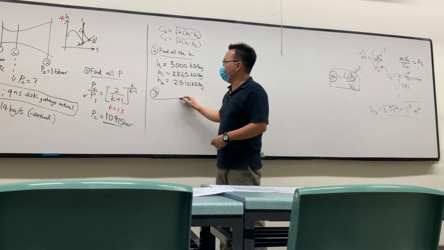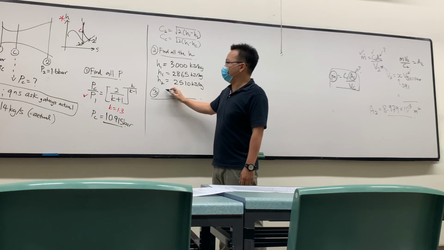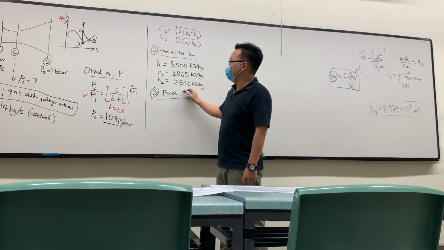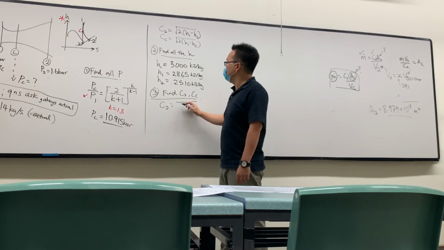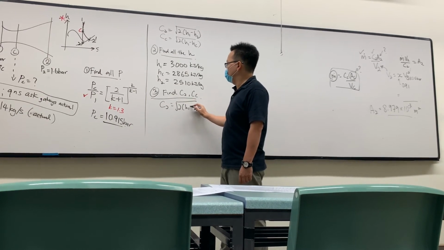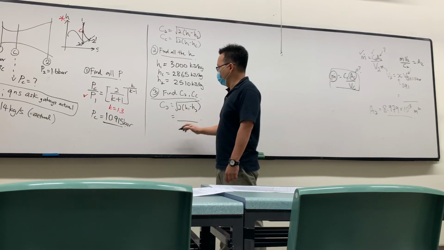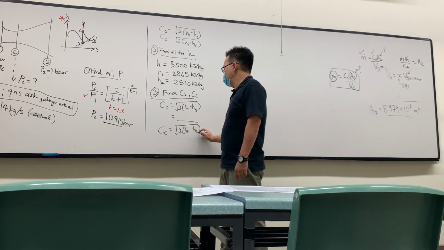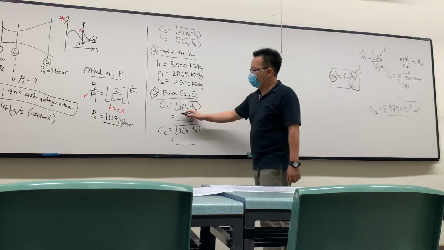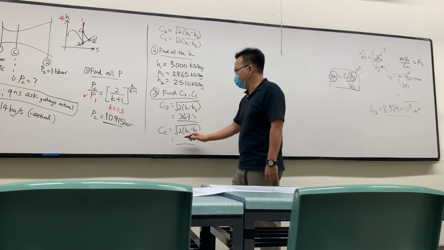Okay, so at least that's why I say bare minimum, right, in the exam make sure you can come at least up to all the C. Okay, so your C2 here is, okay, and you get the value, and then you got your CC here. How much? 367.4 CC.